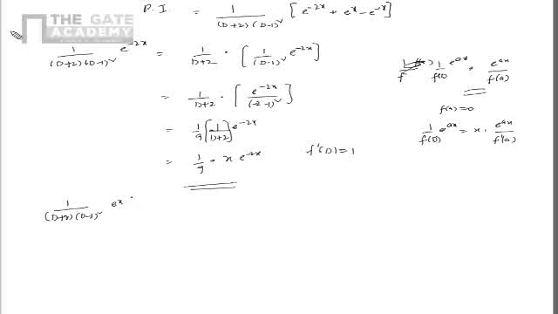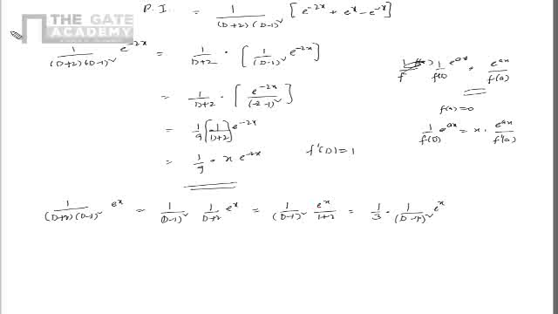Here I can first apply D plus 2, it doesn't change anything. So the D minus 1 part stays, and for e power x, I substitute 1 in D plus 2, so 1 plus 2, it is 3. So 3 by (D minus 1) whole square into e power x.